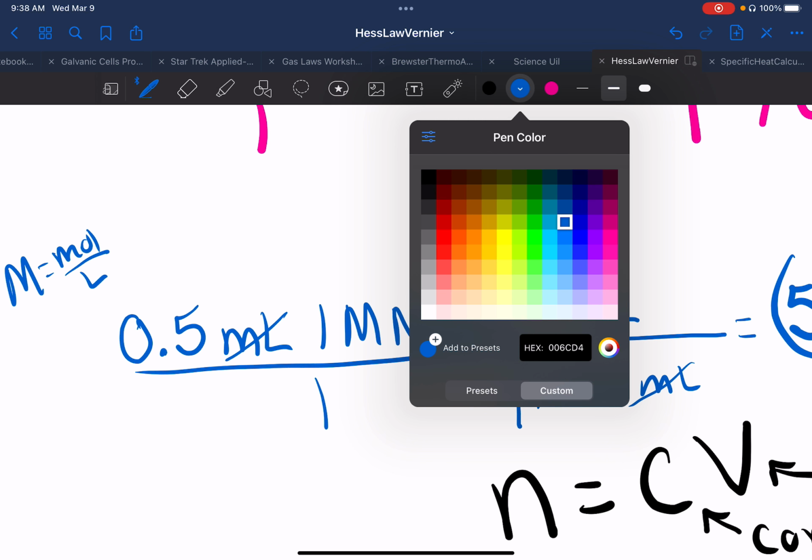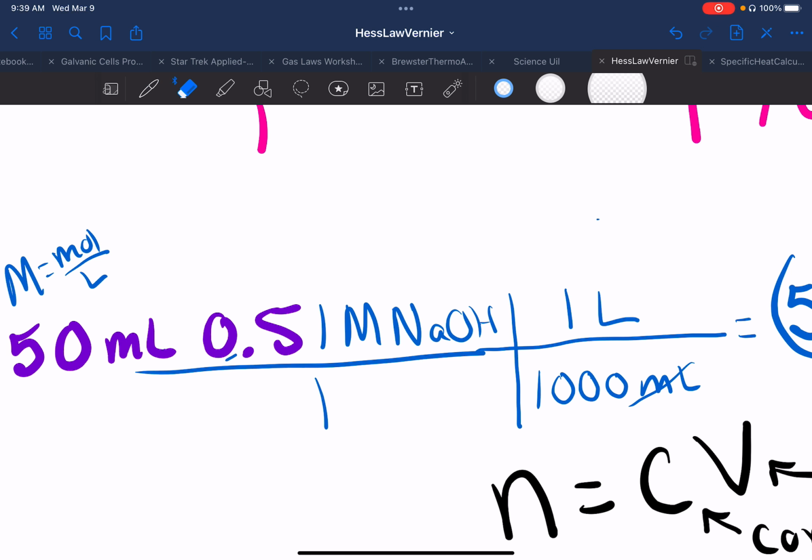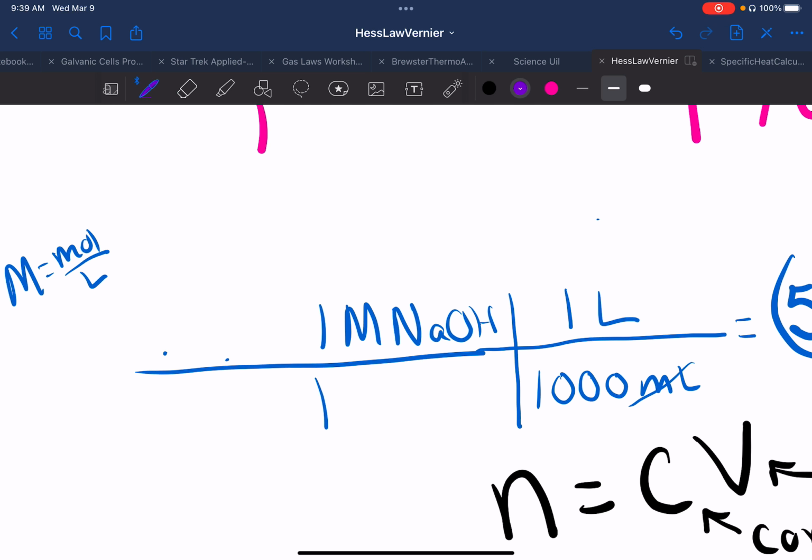I'm going to try to correct it here. I have 50 milliliters of the... no, this is 1 molar. That's right. So I have 50 milliliters of the 1 molar HCl.